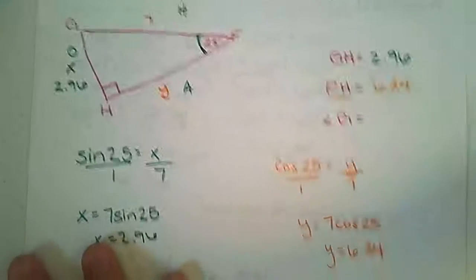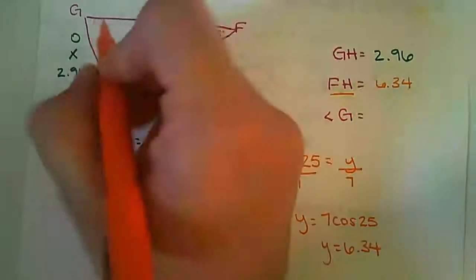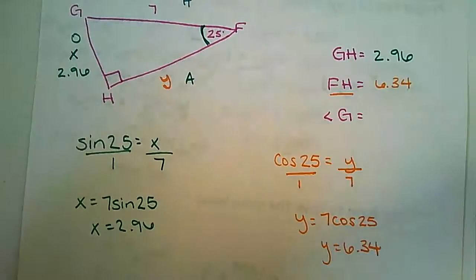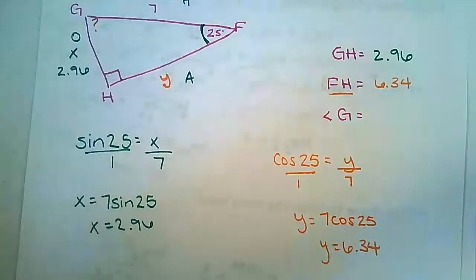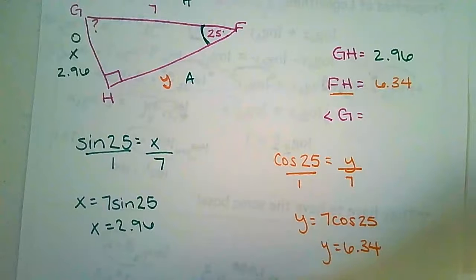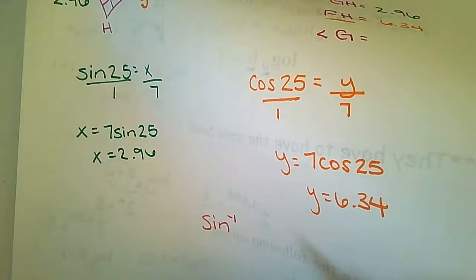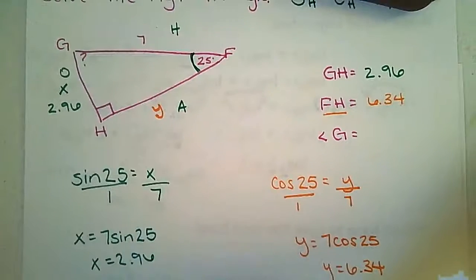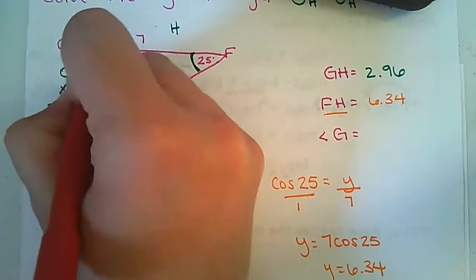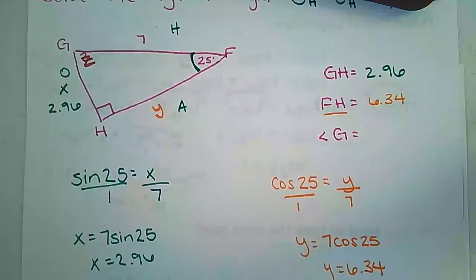All right, so the last thing we need to find then is angle G. Now, I could set up another trig function and do that inverse thing, but I don't need to. Okay, so I'm going to call this angle Z. Again, just calling it another variable.